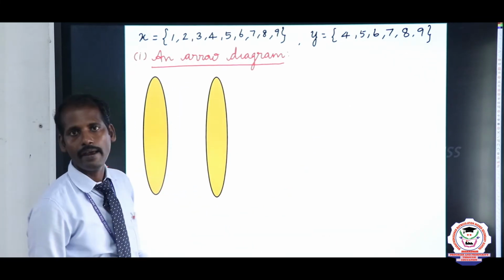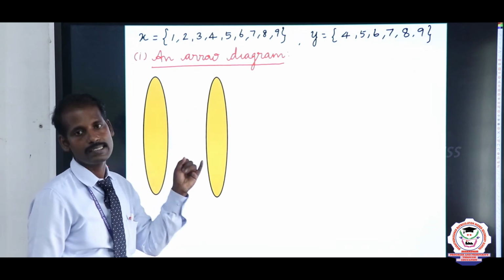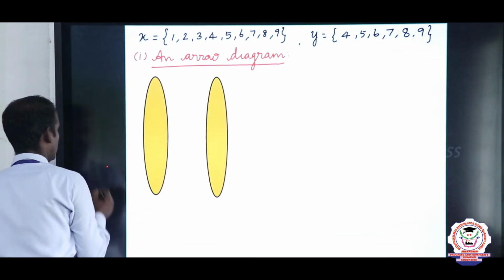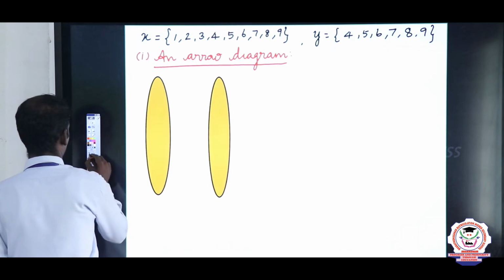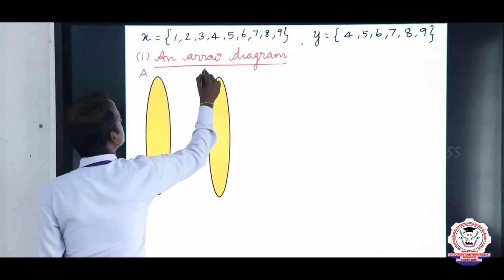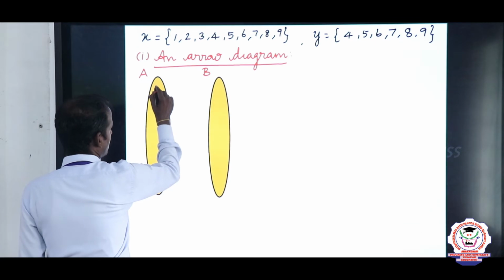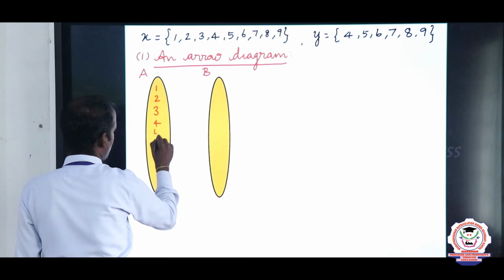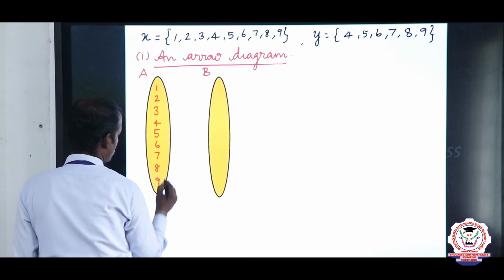First you have to complete the arrow diagram. In the arrow diagram, x equals 1 2 3 4 5 6 7 8 9. That is the A set, and the B set is 4 5 6 7 8 9. So here, in the A set, what are all the elements? 1 2 3 4 5 6 7 8 9.